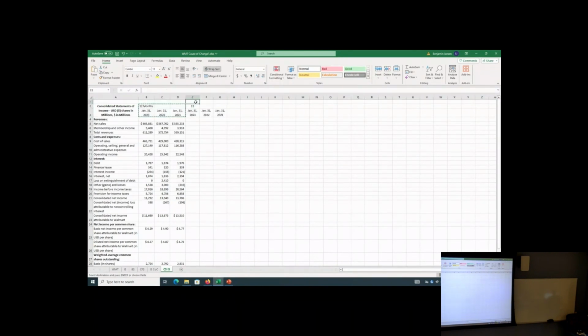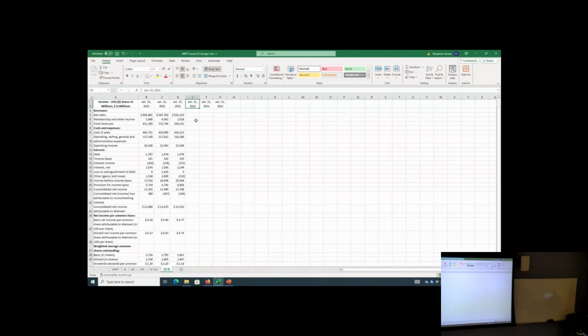Going to insert one additional line just so we can get the header. All right, and now we can get started. So we can just go straight down the line here now and start calculating our common size format. All right, we're going to be focusing on our total revenues.